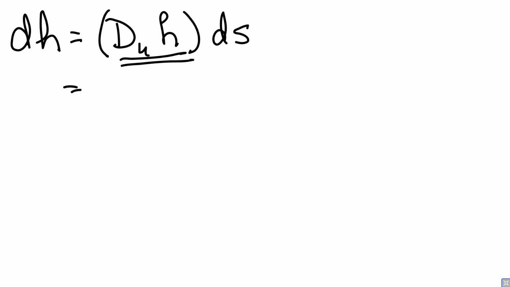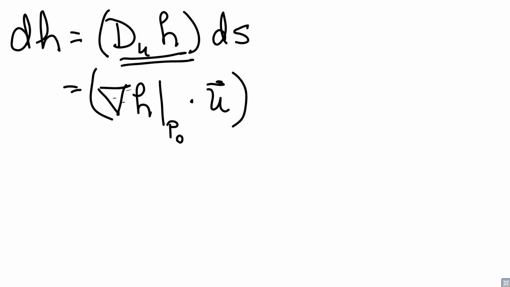To find this, it's basically the gradient of h evaluated at p sub 0 dotted with the unit vector, and then we multiply it by ds.